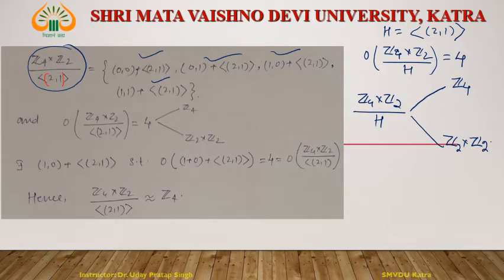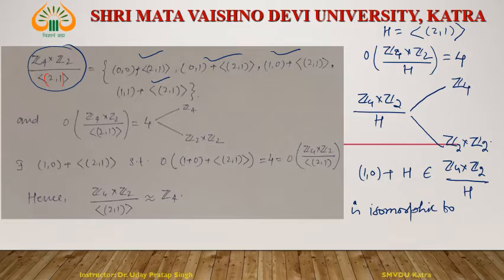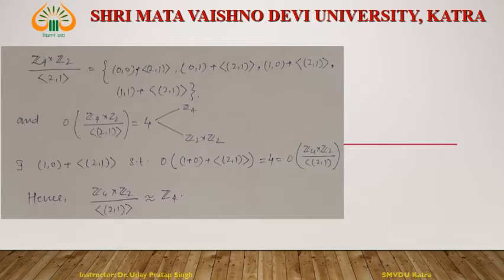Okay. Now see, the element (1, 0) plus H in Z4 cross Z2 by H, sorry, not isomorphic, this is a generator of Z4 cross Z2 by H. If this is a generator, then Z4 cross Z2 by H is cyclic.